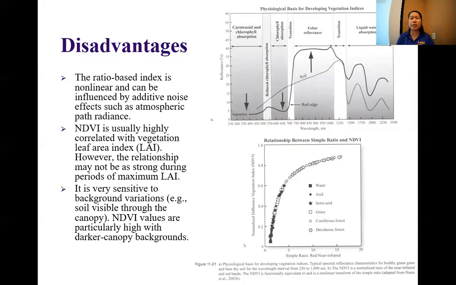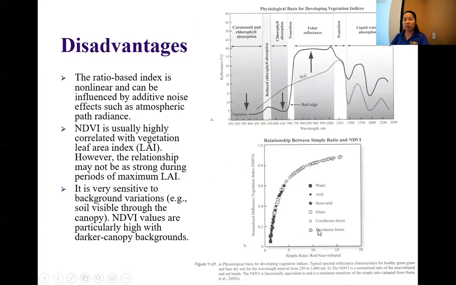So this basically refers to the phenomenon over here. For example, in this table, people did research and compared the derived simple ratio index and NDVI index, and they found this equation over here. Basically, in the beginning the NDVI value increases, because the y-axis here is the NDVI value and the x-axis here is the simple ratio.